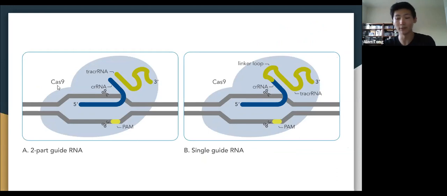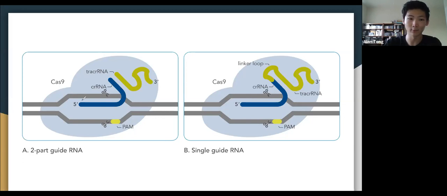The most common thing you'll hear is CRISPR-Cas9. And this Cas9 protein is binding to this DNA fragment, and in the natural system, they use two pieces of RNA. They use what's called a tracer RNA, and a CRISPR RNA. The tracer RNA is the trans-activating RNA, and together they guide this Cas9 protein to where it needs to be.